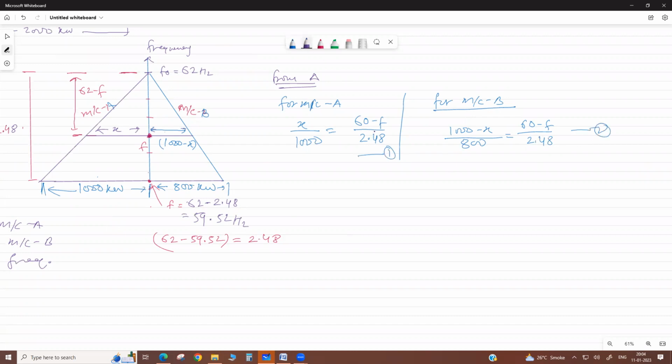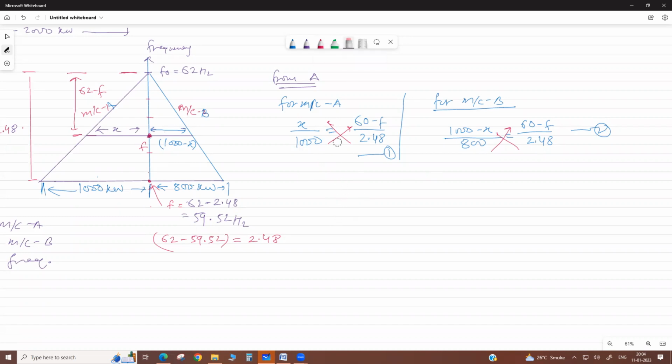If suppose in equation 1 and 2 the left hand side is the same. If it is in a different group setting, then this is not equal. In that case, what do you do? You have to do the cross multiplication. Then you get two simultaneous equations in X and F variables. When we solve these two equations, you get X and F. Then we can calculate the busbar frequency and load on machines A and B.